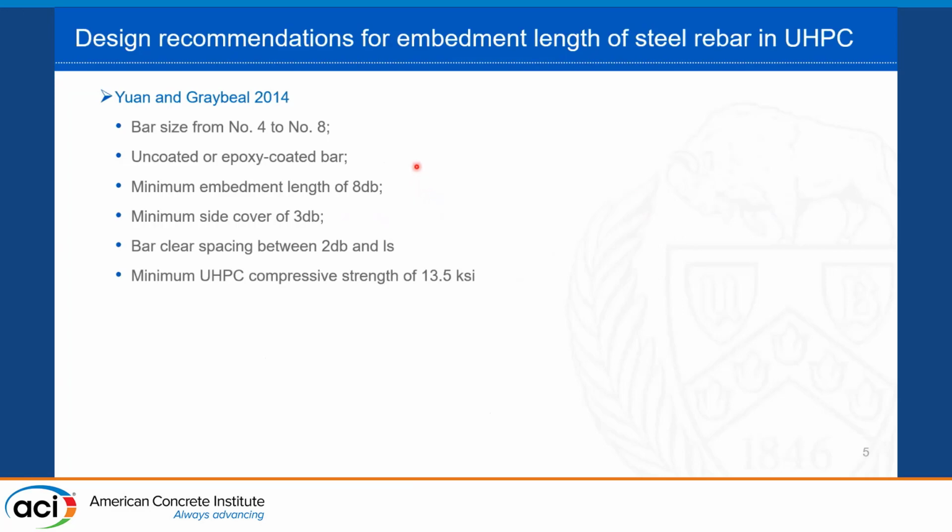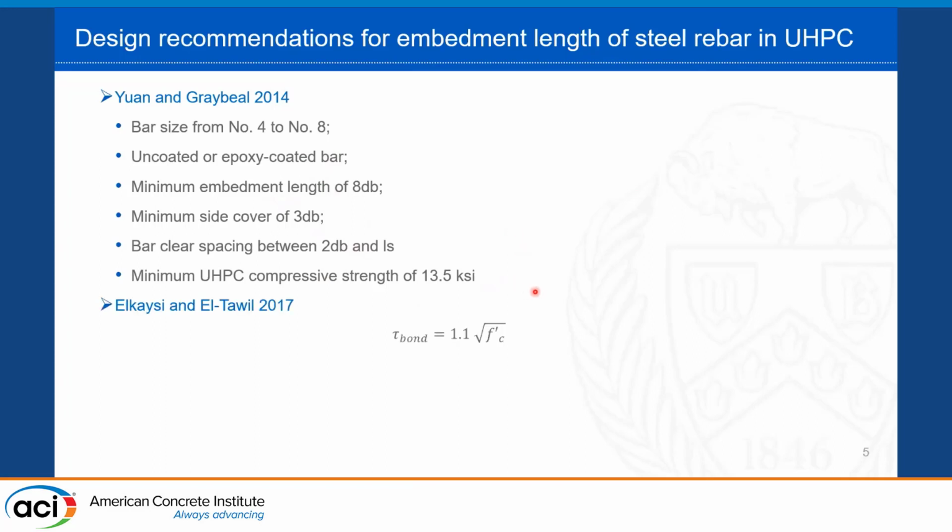They propose recommendations with rebar sizes ranging from number 4 to number 8, and they suggest using a minimum embedment length of 8D, a minimum cover thickness of 3D, a minimum spacing between rebars, and a minimum compressive strength of 13.5 ksi. But these recommendations don't account for the tensile contribution of UHPC or the different fiber content or fiber type that can be used. In these recommendations, all UHPCs are assumed to be the same. They don't account for different mixes or different behaviors.